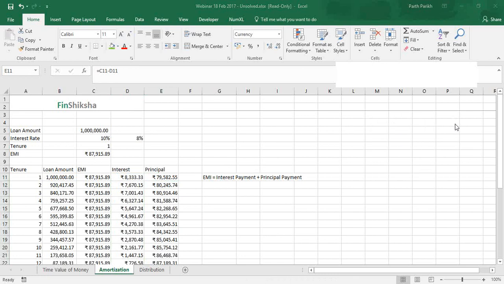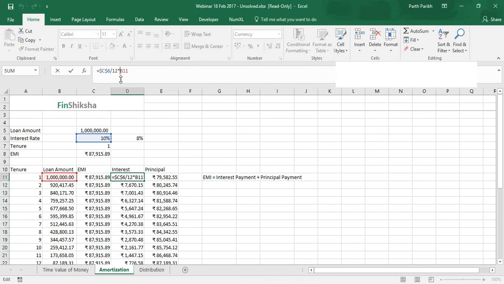In this case, I have calculated EMI using a function called PV. Based on my formula, I have to make a monthly payment at 10% divided by 12.